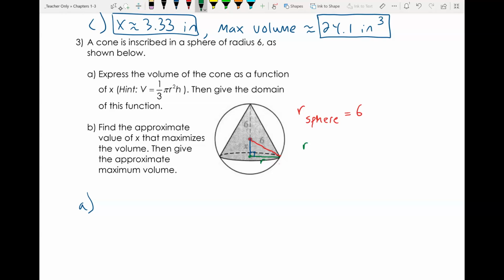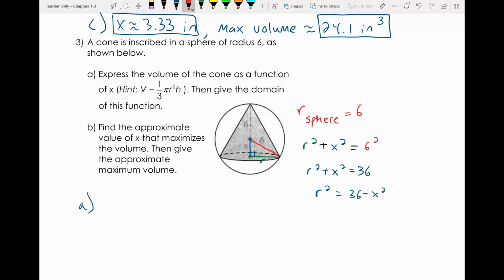Okay, so r squared plus x squared equals 6 squared. That gives me r squared plus x squared equals 36. If I solve for r, remember I'm not solving for x here, I'm trying to get what the radius is. If I solve for r, I get that r squared is 36 minus x squared.